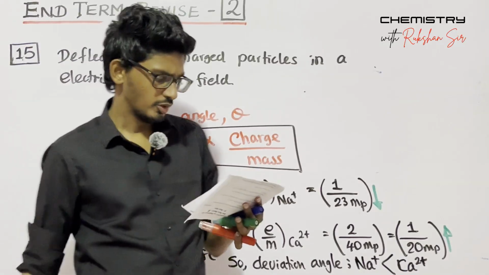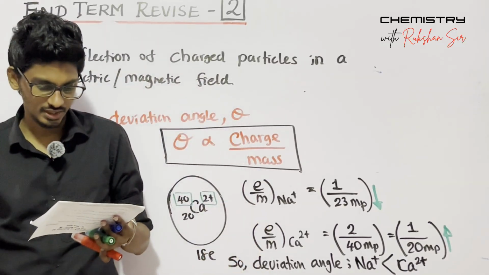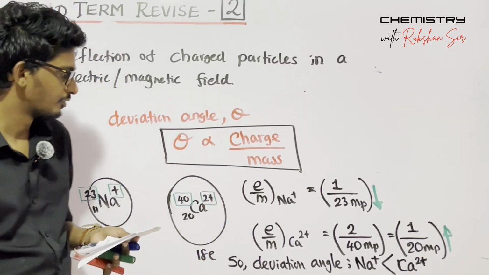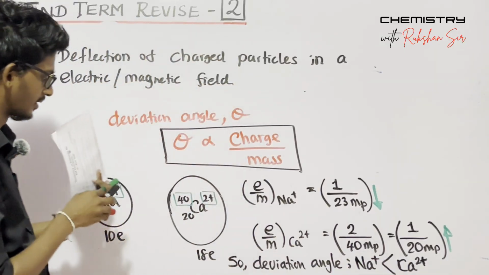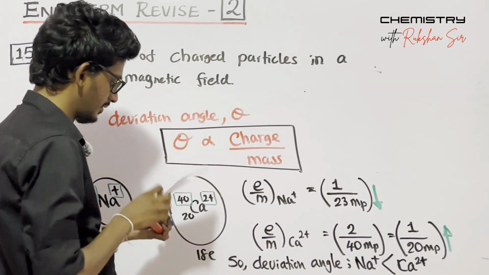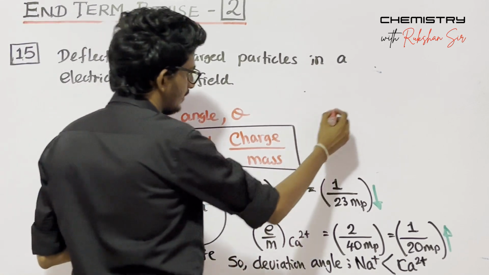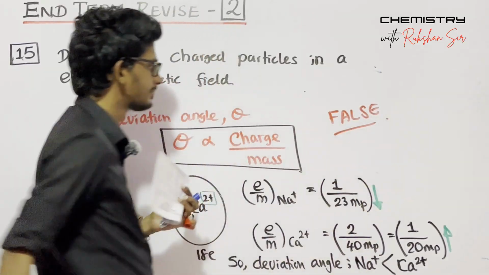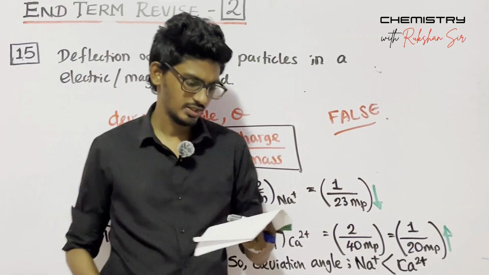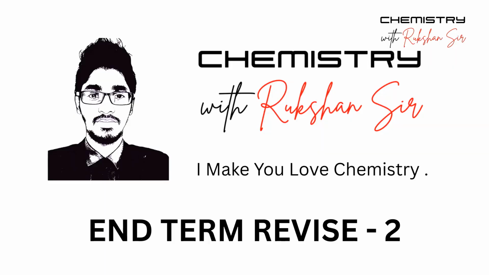So the statement that deflection of Na plus ions in a magnetic field is greater than that of calcium 2 plus is false. Calcium 2 plus has a greater deviation angle than sodium plus. So the statement is false. That is the review for statement 15.